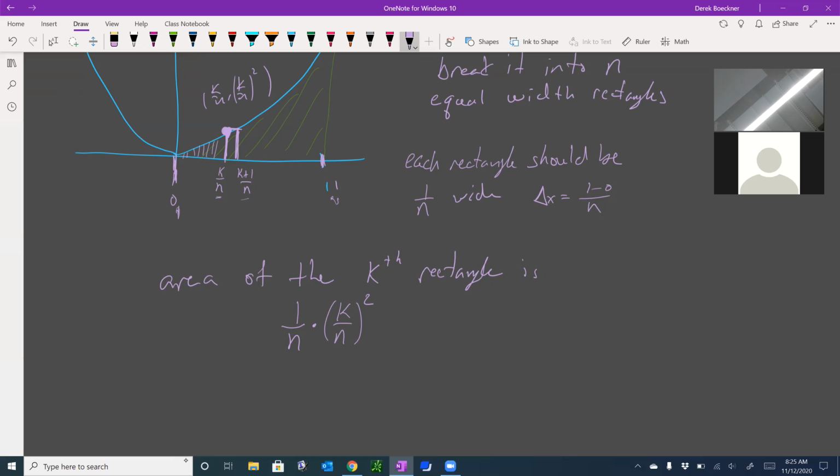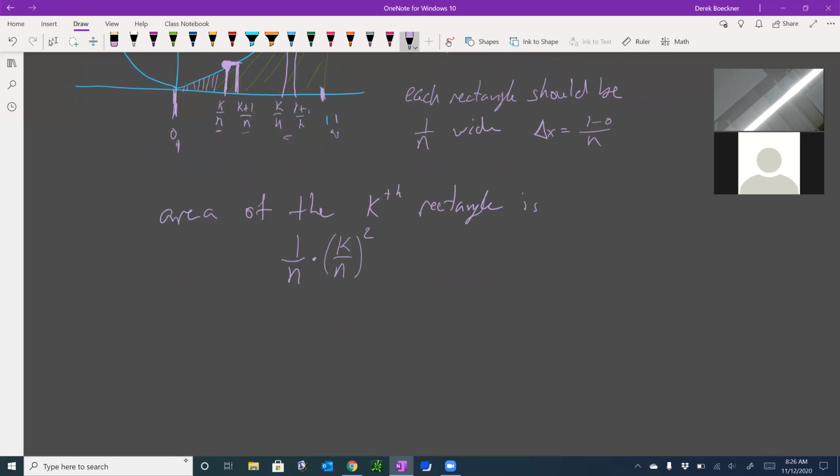Does that make sense, if I'm using the left-hand endpoint of this rectangle to figure out how tall it is? This is true of any of the rectangles, right? If my k over n was over here, this is k plus 1 over n. This is still the point k over n squared. So that rectangle is still k over n squared tall and 1 over n wide. So this makes k a very nice index variable to add up all these rectangles.